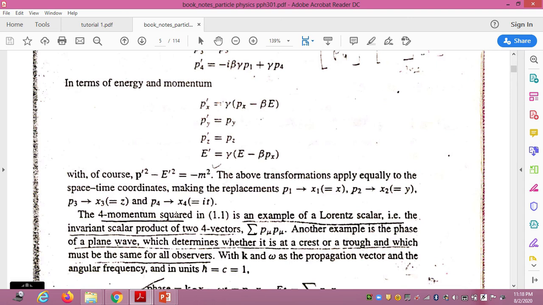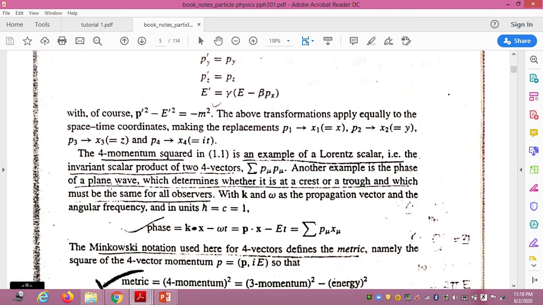Okay. So now you can see here that the 4 momentum squared in equation 1.1 is an example of a Lorentz scalar. That means the invariant scalar product of the two vectors is something like this. Fine. Now here, another example is the phase of a plane wave.